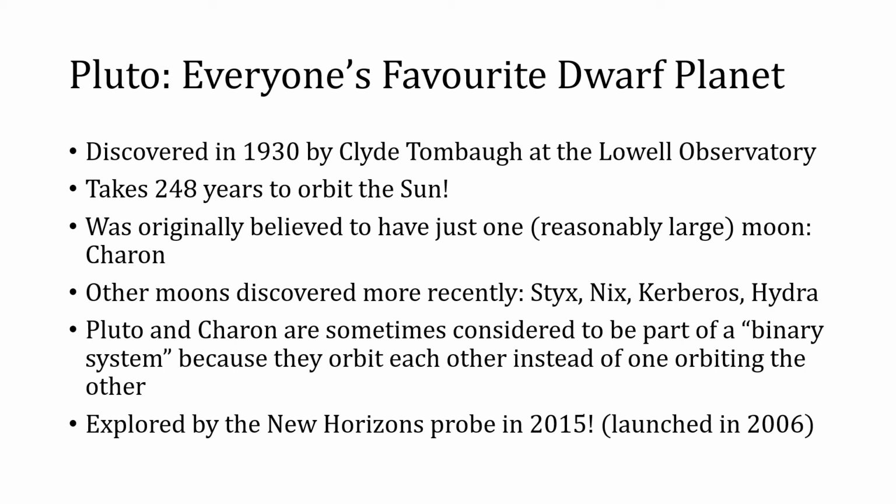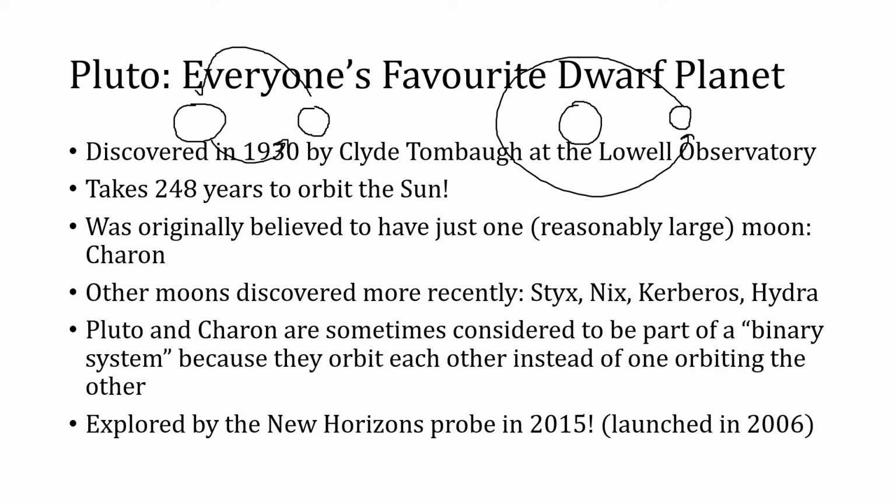Also, a bit of a fun fact about Pluto and Charon is that they're sometimes considered to be part of what they call a binary system, because they orbit each other instead of one orbiting the other. So what that means is, let me find a place to draw this. Instead of having Pluto here and Charon orbiting Pluto like this, what we have is Pluto here and Charon here, and they both kind of orbit each other like this.